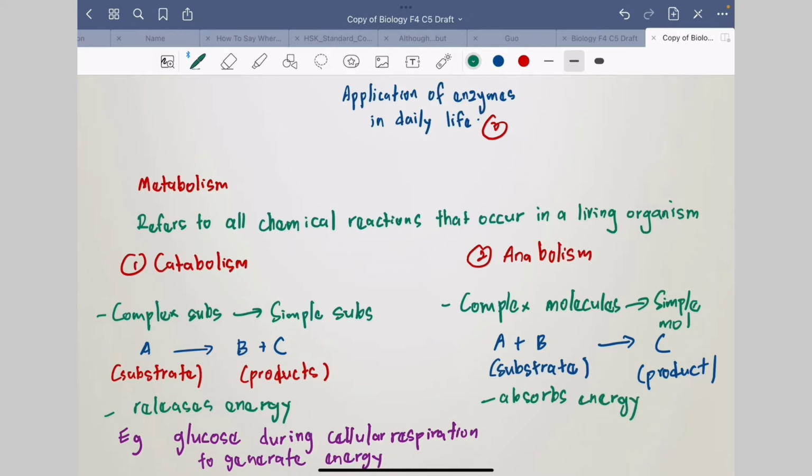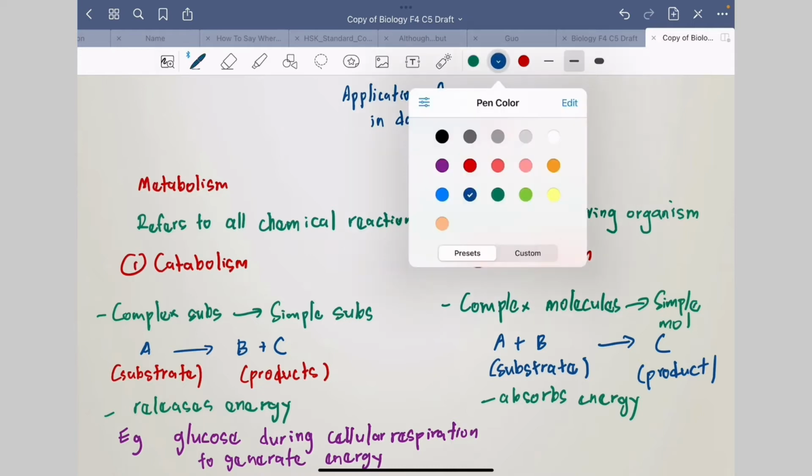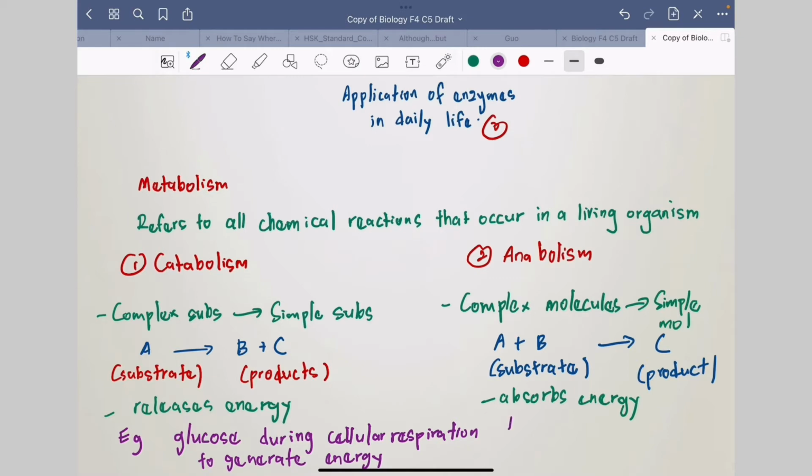An example of anabolic reactions is the formation of glucose during photosynthesis. Glucose, which is C6H12O6. Okay. That's all about metabolisms.